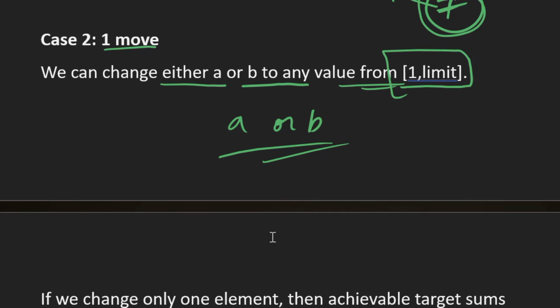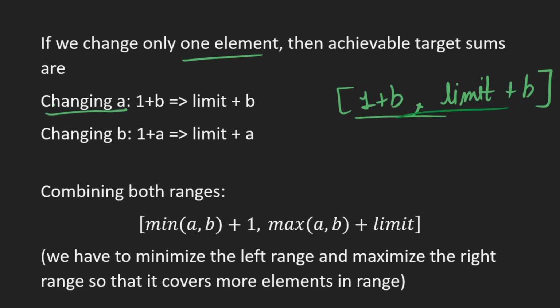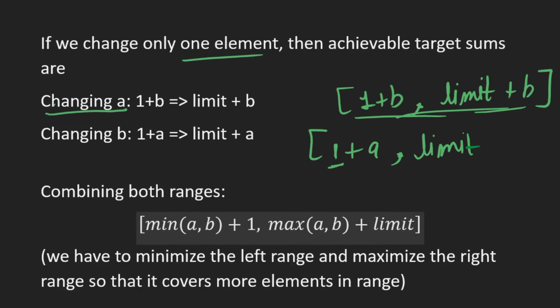So if we change only one element, the achievable targets are, suppose we change a first, then the minimum a can be 1, then b will be the same, and the maximum value for a can be limit. So these are the ranges of the sum that we get when we change a. And when we change b, then we get 1 plus a, because the minimum value for b can be 1, and the maximum value for b can be limit plus a, right? So these are the ranges of the sums that we get when we change a and b.